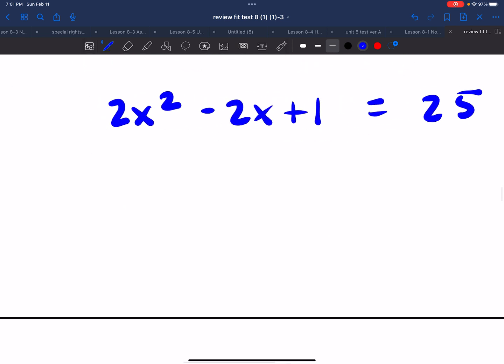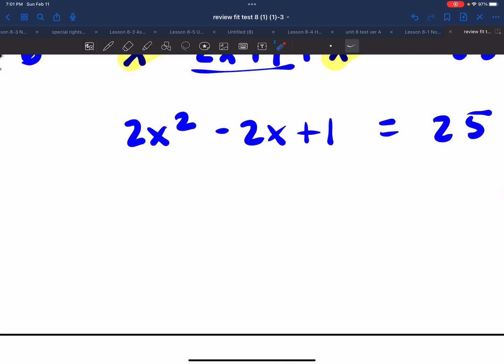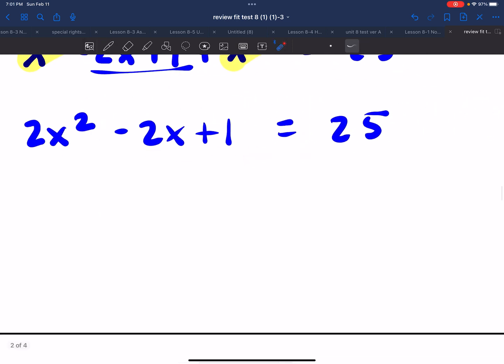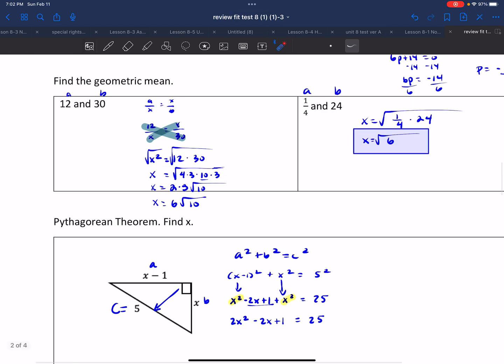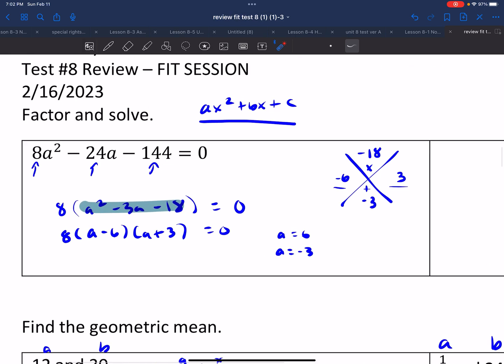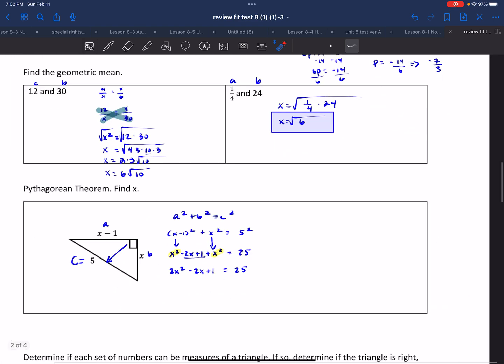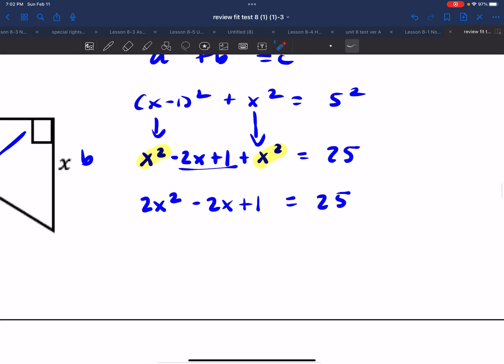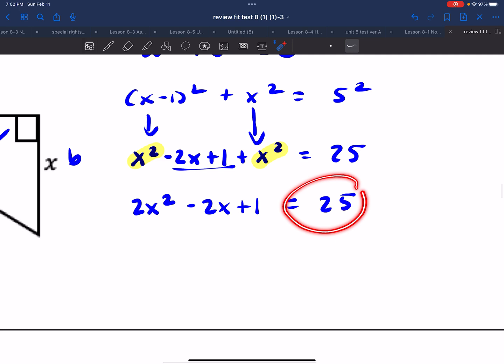So first of all, what do you see? You see a trinomial. It's in the form ax squared plus bx plus c, and it's equal to some random number. This is where you are factoring and solving just like what we did over here. You need to make sure that the other side is equal to 0. Okay? So, going back, get this side equal to 0.